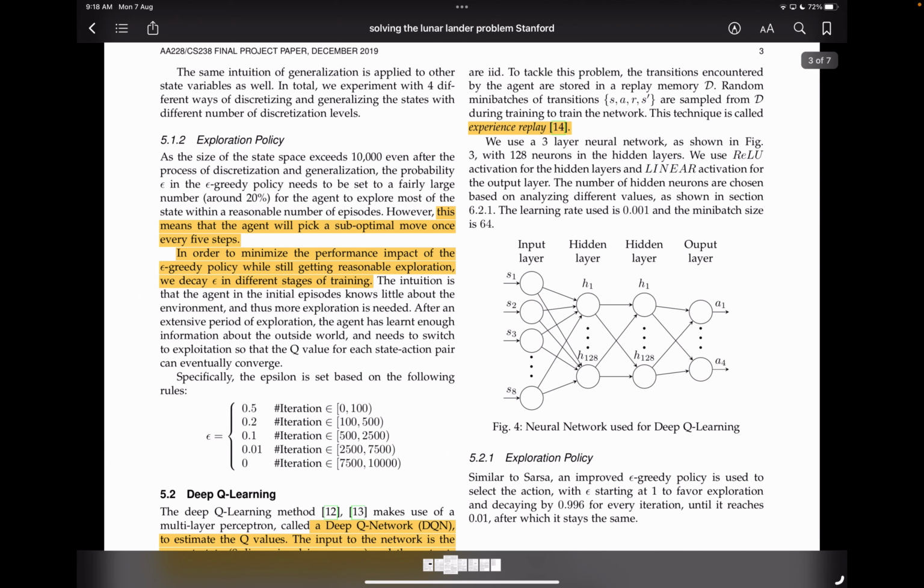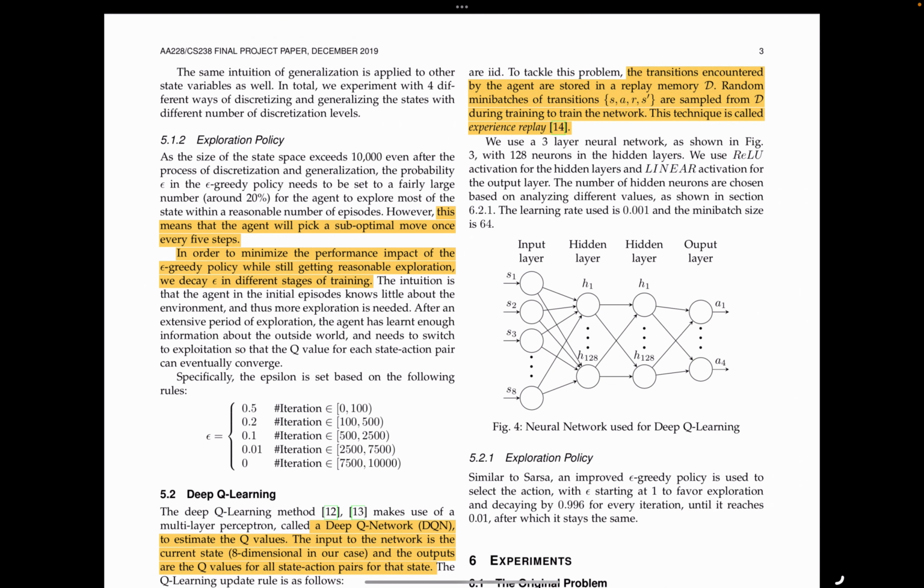How we tackle this is we store the transitions encountered by the agent in a replay memory. Any transitions encountered by the agent, we sample them into mini transition batches and keep them in the replay memory.